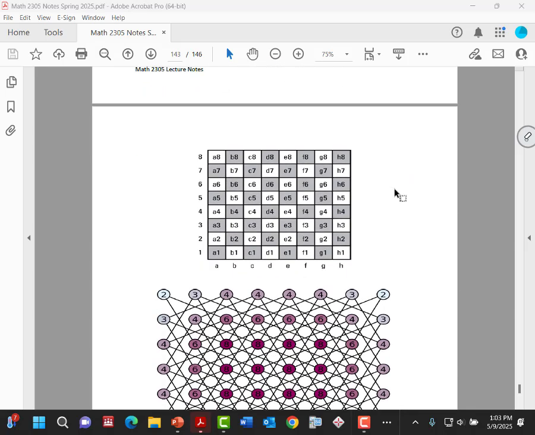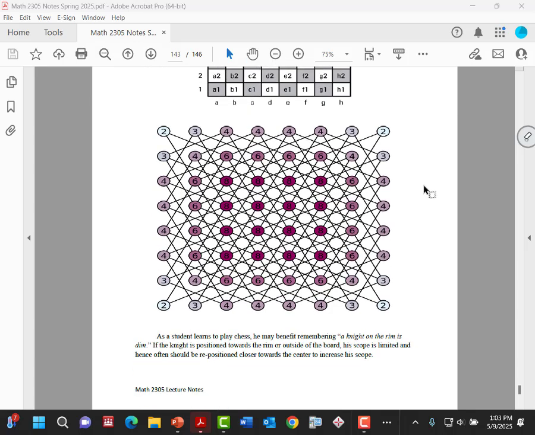Then I can expand that to an 8x8 chessboard, and there's a graph of what you would call a knight's scope when playing chess. For those vaguely familiar with chess, a knight is most active when it's in the center of the board. Why is that?